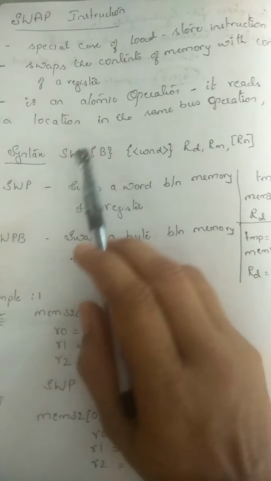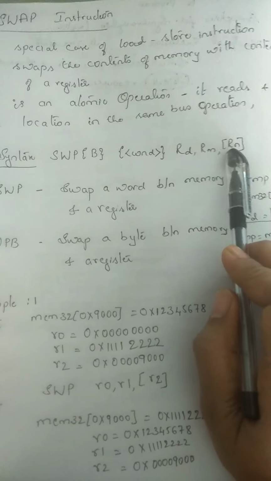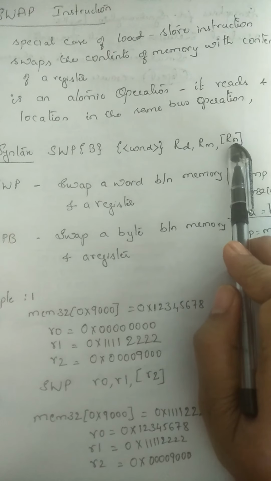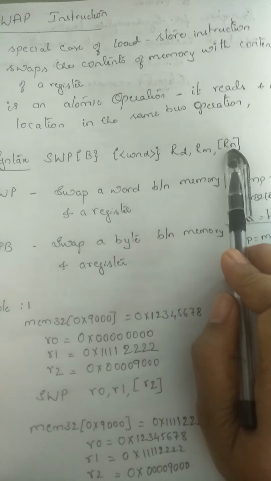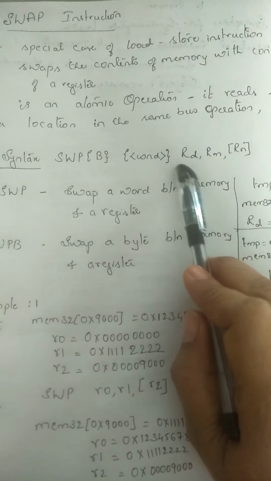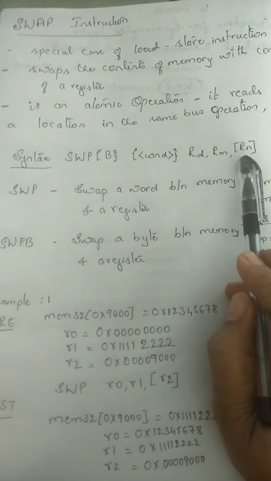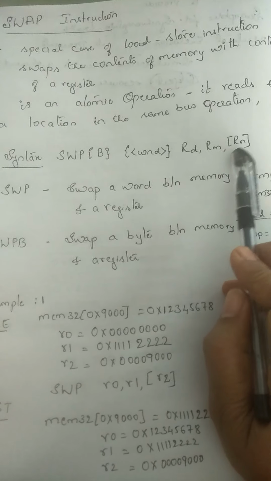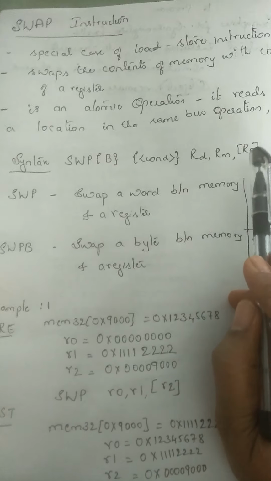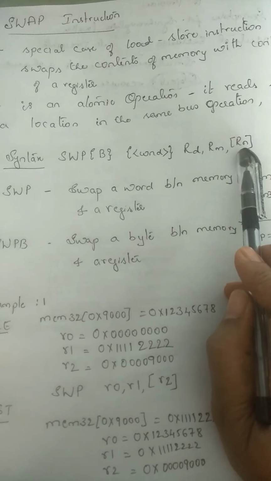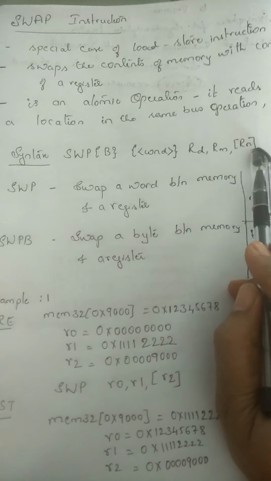When you write SWP, the data pointed to by RN, the location pointed to by RN, is moved to the destination register, and the content of RM is moved to the location pointed to by RN, not to the RN register itself, but to the location held by RN.